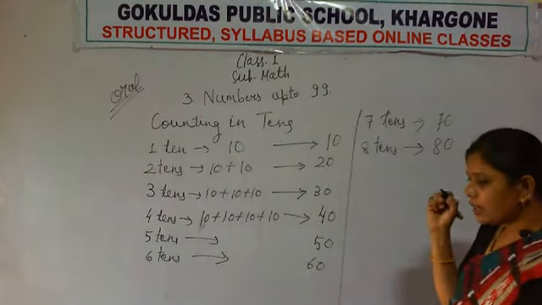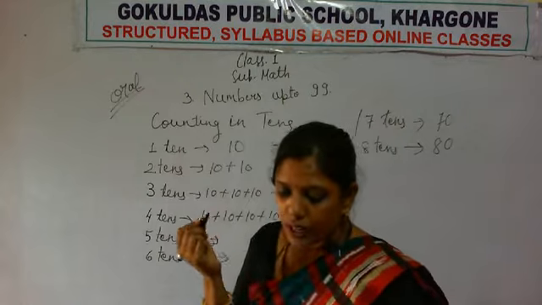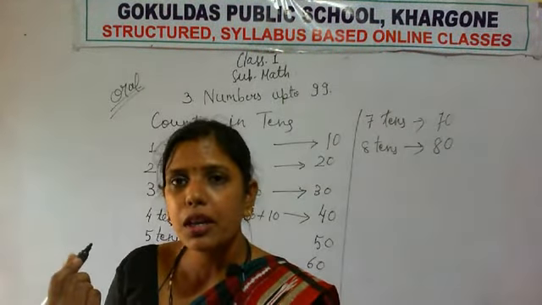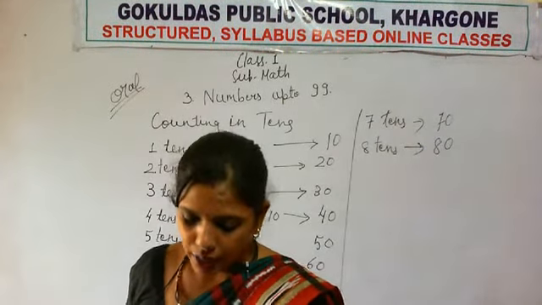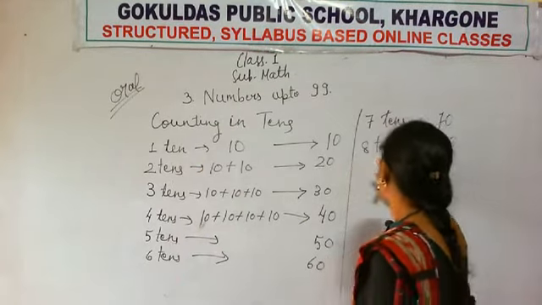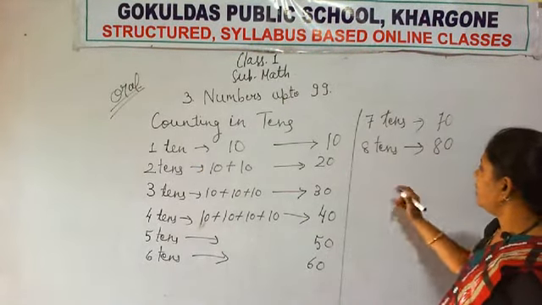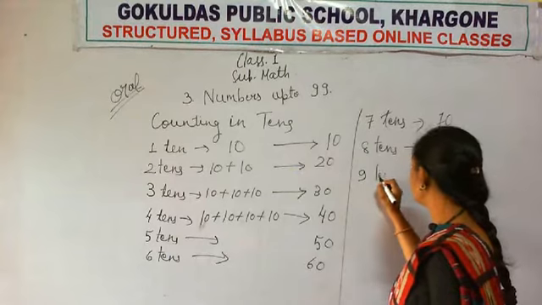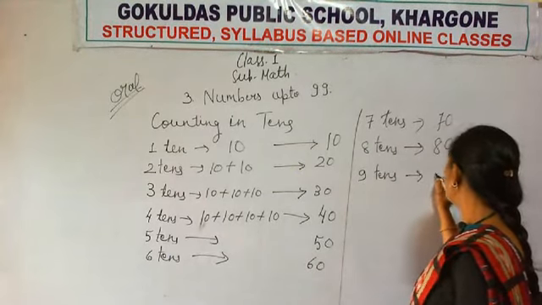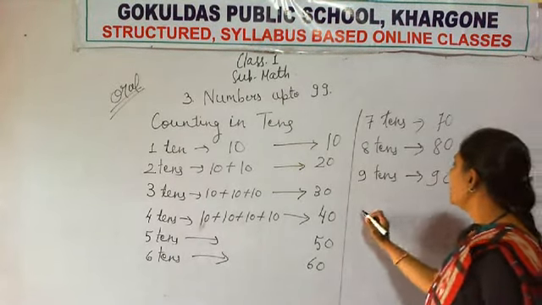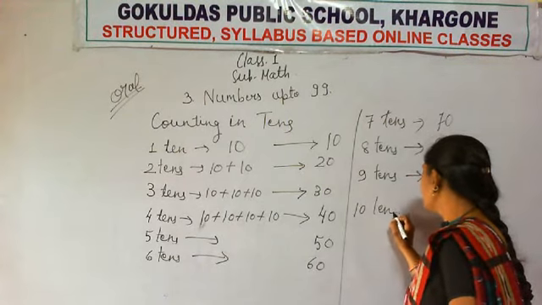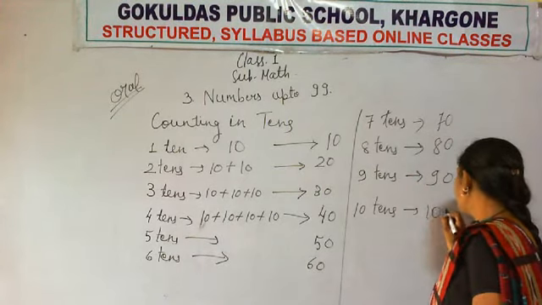That means we are having bunch of 10. How many tens we are having? 8. Okay, and the bunch of 10, 8 is known as 80. Now 9 tens. 9 tens is known as 90, and 10 tens is known as 100.